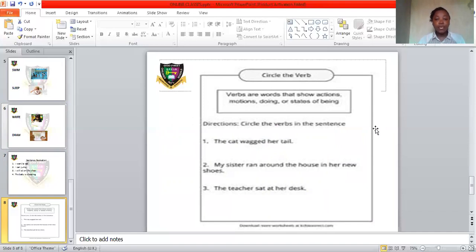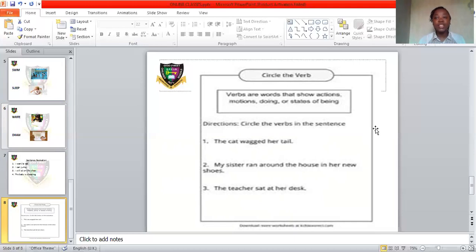The second example: my sister ran around the house in her new shoes. The verb she is carrying out there, who can tell us? The verb is ran because she is running. Ran is the past tense of run.